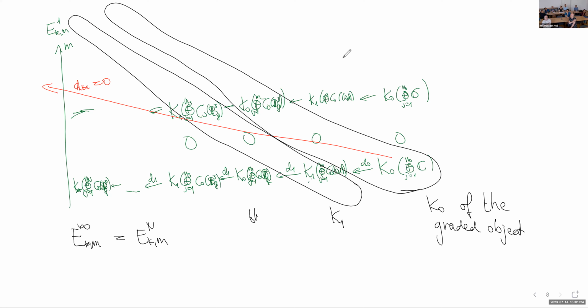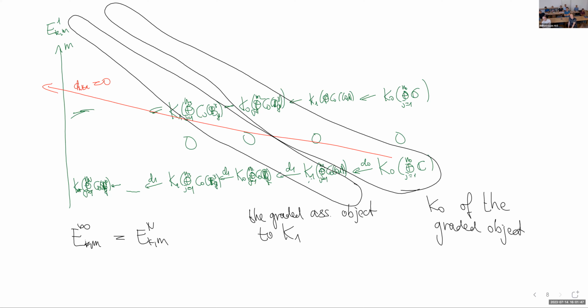Yeah, it's confusing, the associated object to P1.